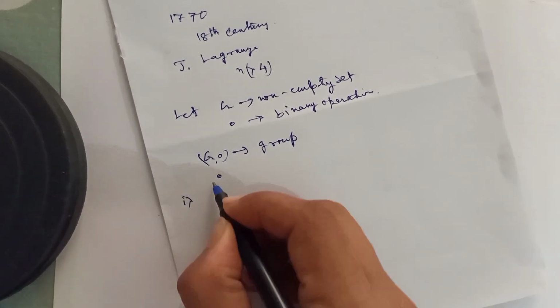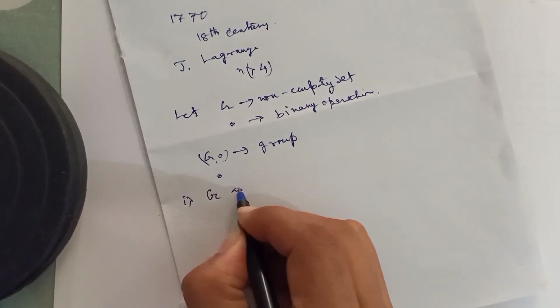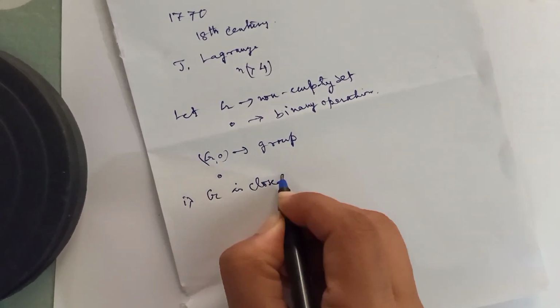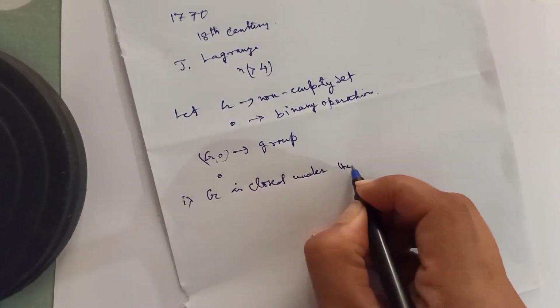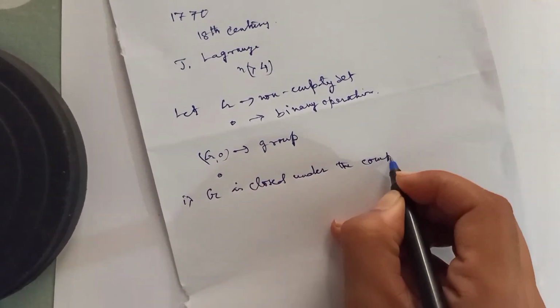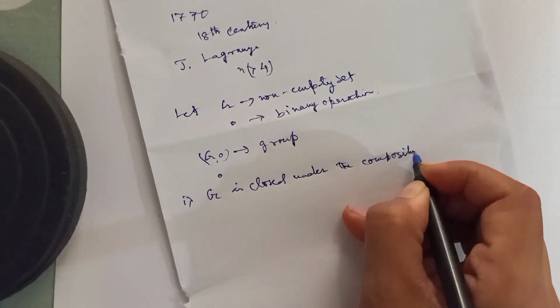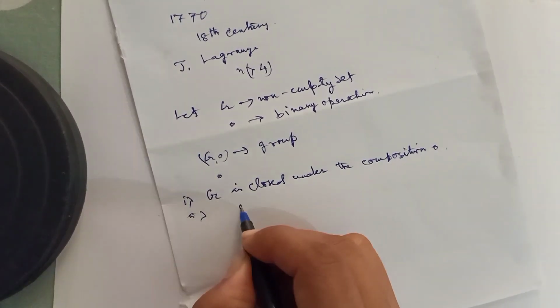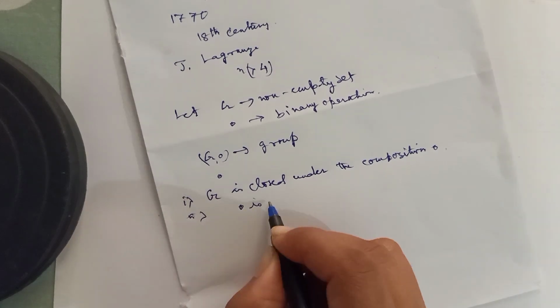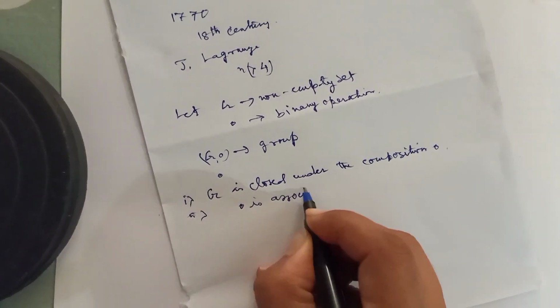The first property is G is closed under the composition circle dot. Second is circle dot is associative.